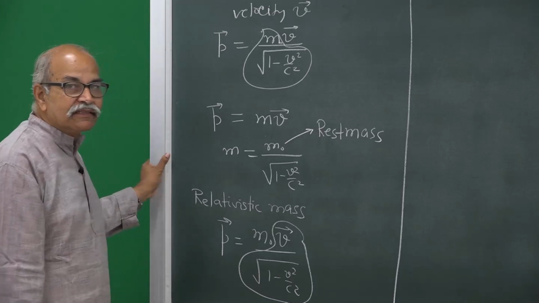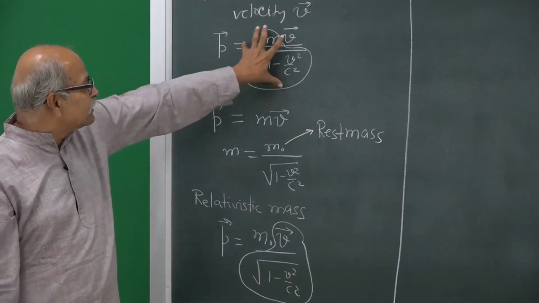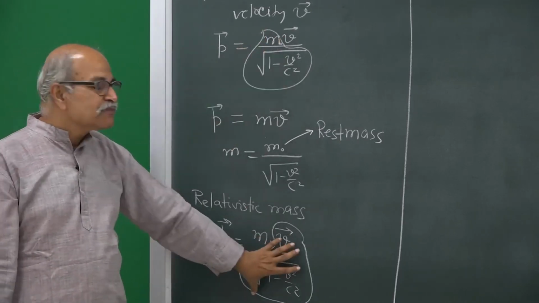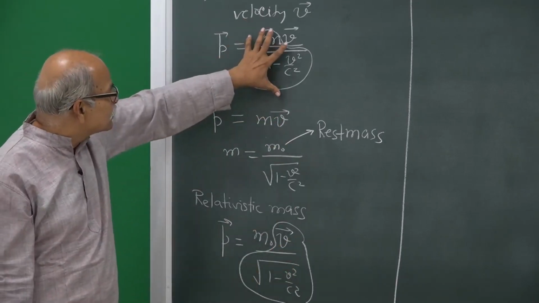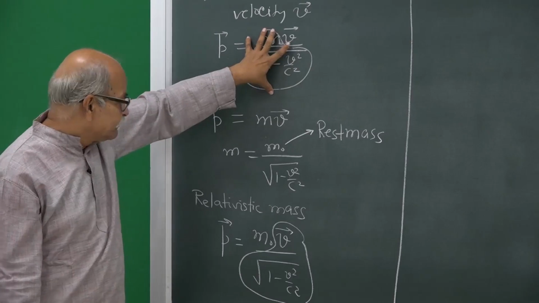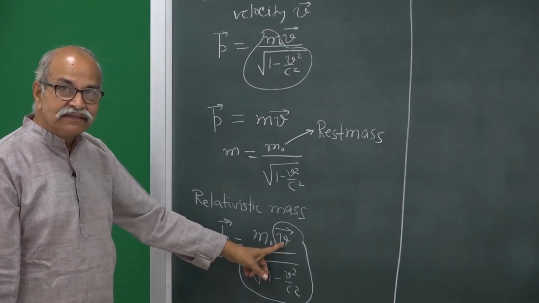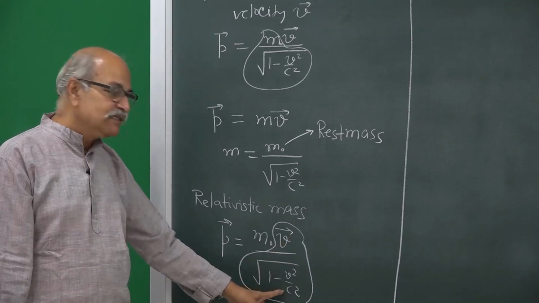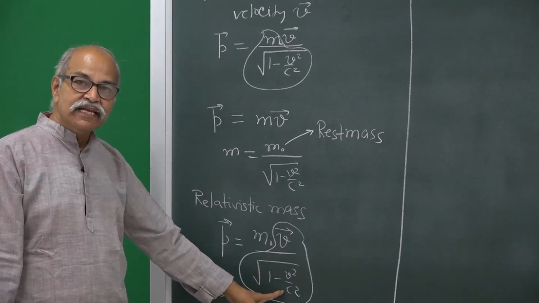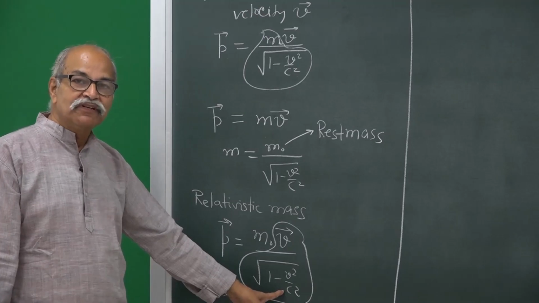This is one mathematical construct and this is another mathematical construct. This was mass and this was given the name relativistic mass. This is velocity, and velocity divided by square root 1 minus v square by c square, we give another name, we call it proper velocity.